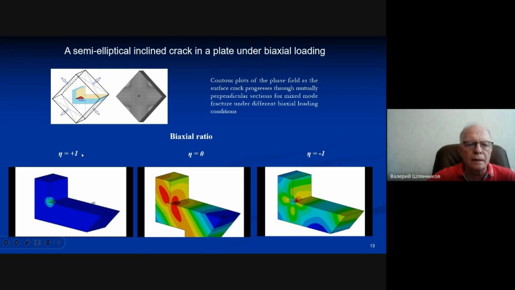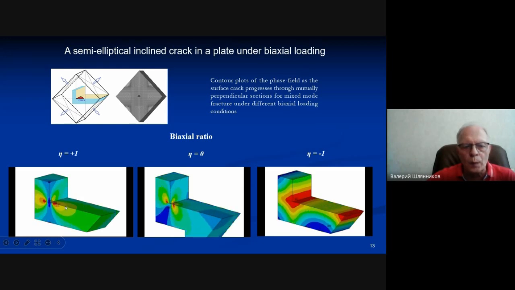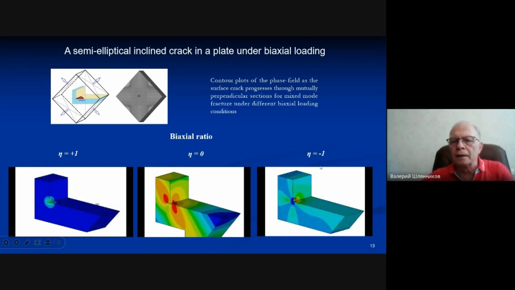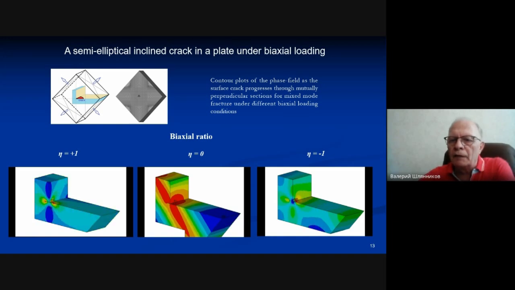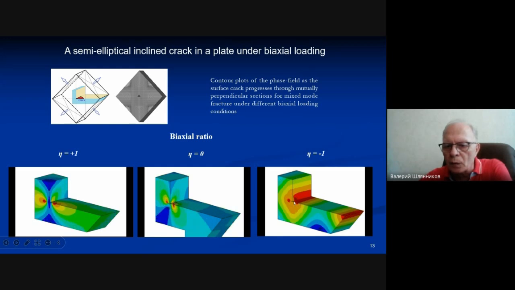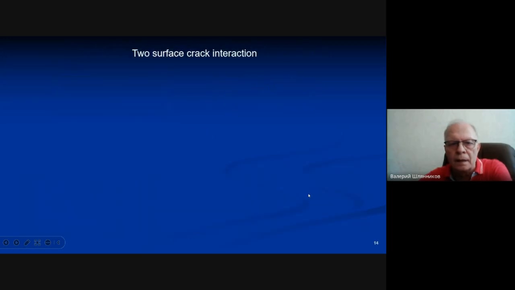For instance, under equibiaxial tension, the surface crack first grows in the width direction, but in the case of equibiaxial tension-compression, the surface crack grows first of all towards the thickness direction.